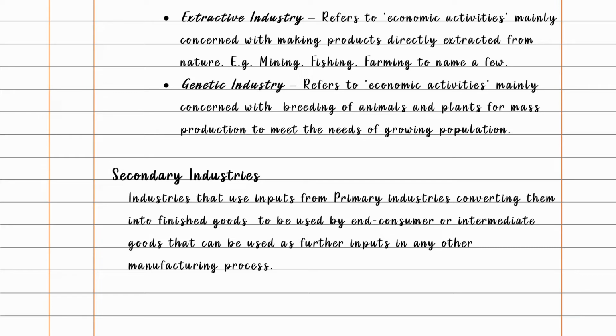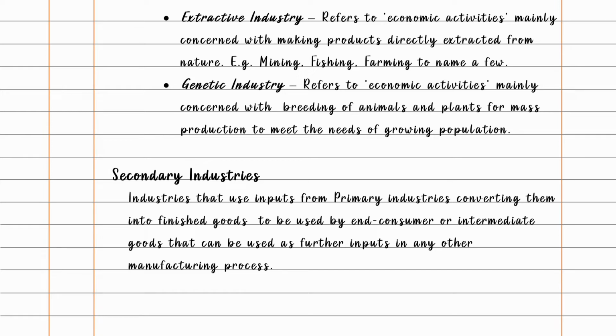So it refers to, again, economic activities mainly concerned with making products directly extracted from nature. So what are those kind of industries? As you all know, mining, fishing, farming, just to name a few. And the second is the genetic industry, refers to, again, economic activities mainly concerned with breeding of animals.